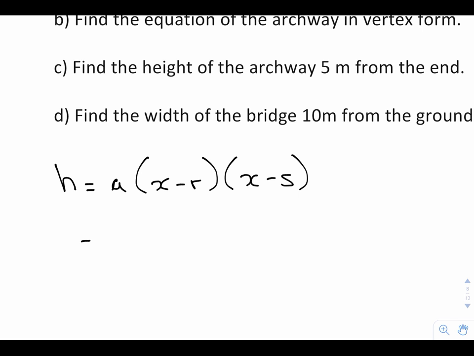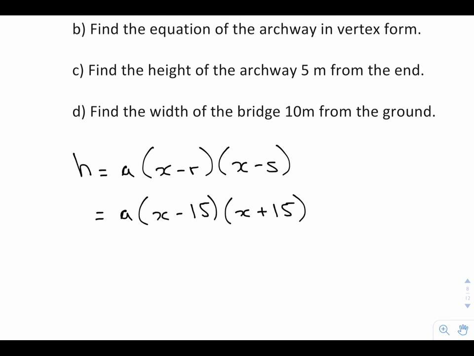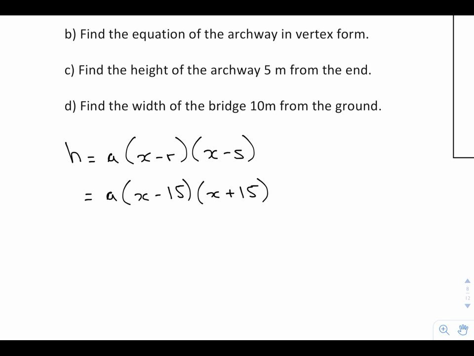Now, I know my roots are, the first one is 15. The second one is negative 15, so that makes this one here a plus 15. Now I'm almost done. What I need now is a value for a, because that'll tell me how wide or narrow my arc is going to be.